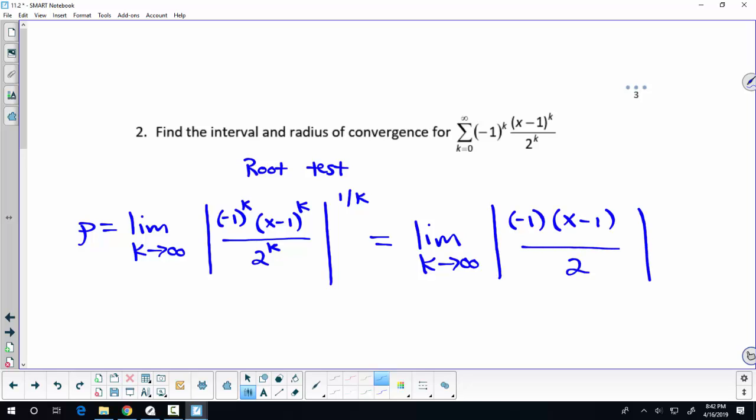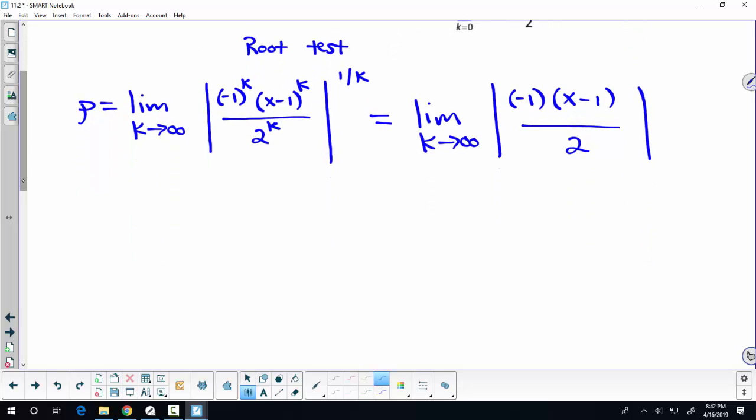Okay, so we apply the 1 over k, which gets rid of all of those k's, and we have the absolute value of negative 1, the absolute value of 2. Clearly, we don't need the absolute value there. So that's ultimately what we're looking at after the root test.